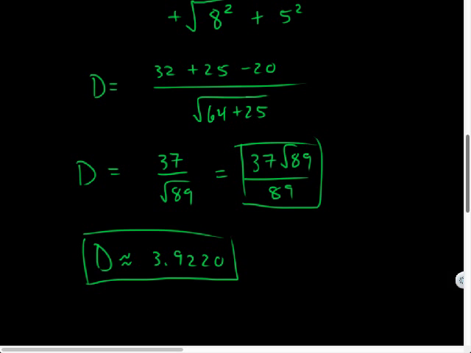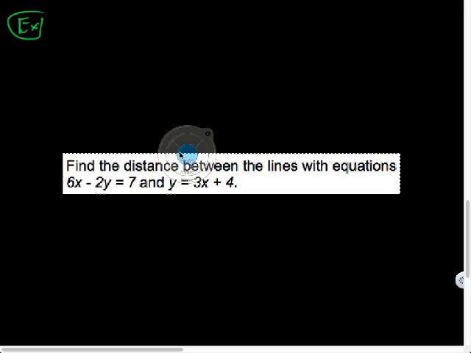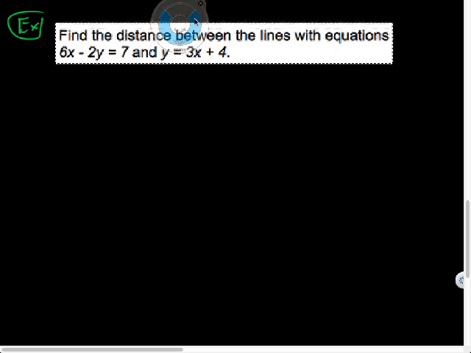So let me up the ante just slightly with one last example. Now, instead of finding the distance from a point to a line, I'm finding the distance between two lines.